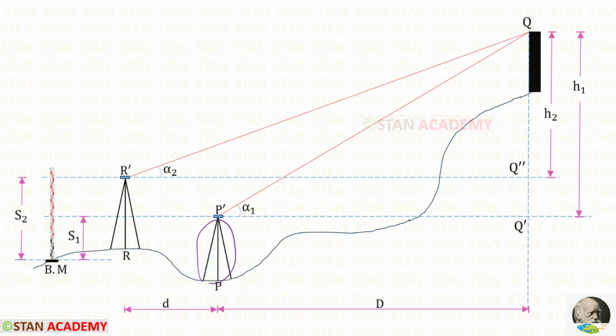That is why here it is alpha 1, here it is H1, and here it is S1. All the readings related with the station R should be suffixed with 2. That is why this angle is alpha 2, this height is H2, and the staff reading is S2.